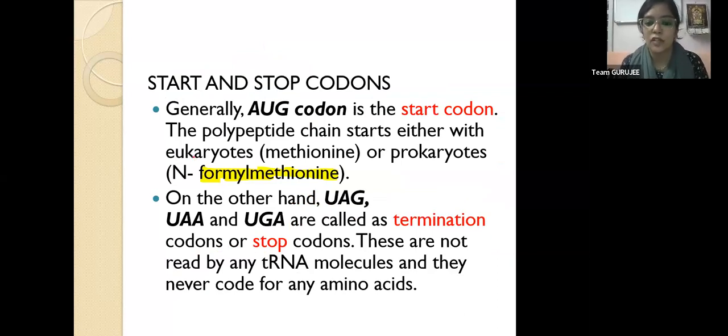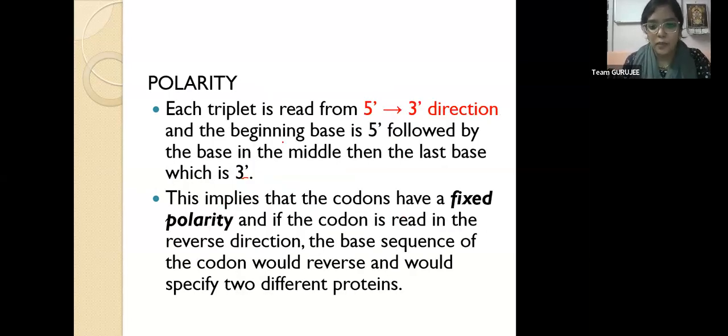AUG is the start codon, which also codes for methionine, and it codes for formyl methionine in prokaryotes. UAA, UAG and UGA are stop or termination codons, there only for stopping the process. Polarity: they can be read only in the direction 5 prime to 3 prime.